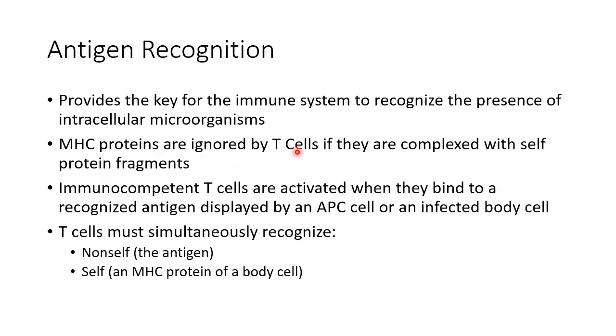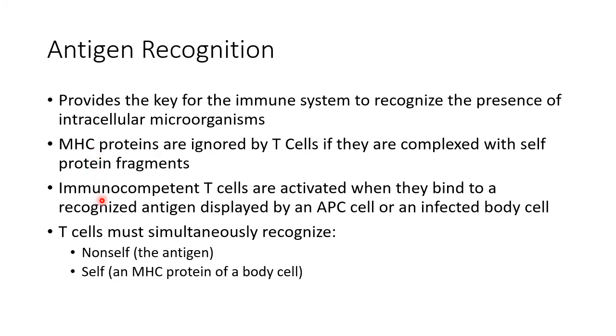So your T lymphocytes are not going to attack your cells because those cells have markers that define those cells as belonging to self. T lymphocytes are programmed, remember, to attack anything that's considered non-self. So your MHC proteins are ignored.